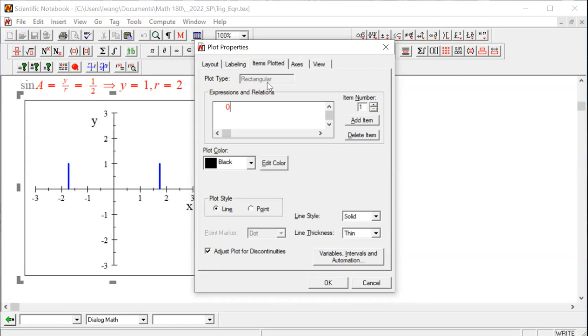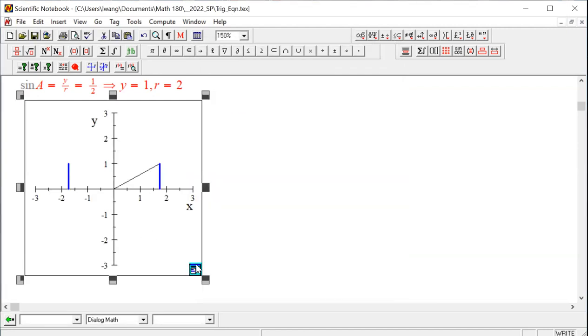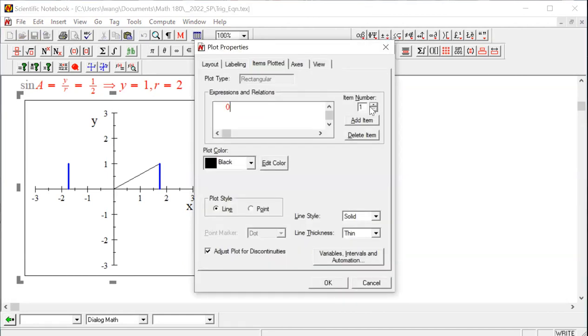Then you draw that r, because r equals the square root of x squared plus y squared. So over here, r is 2. You just draw this picture, and I'm trying to draw it nicely.